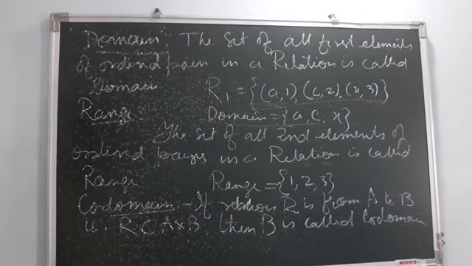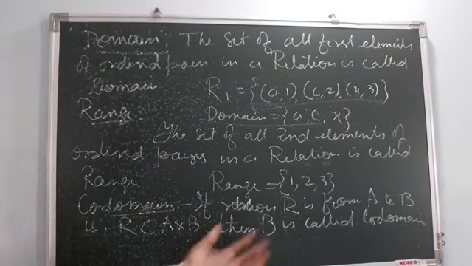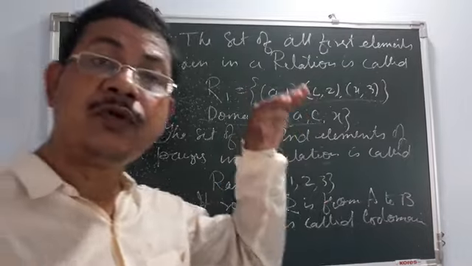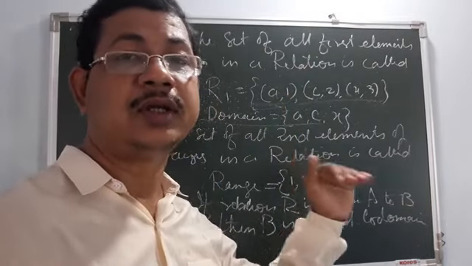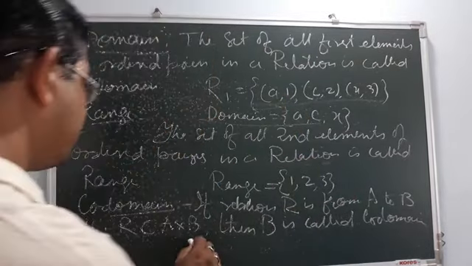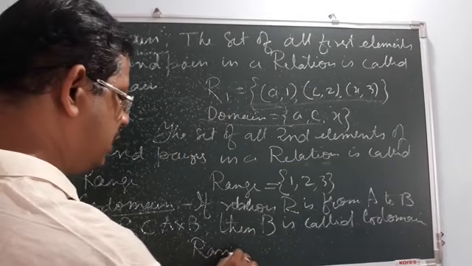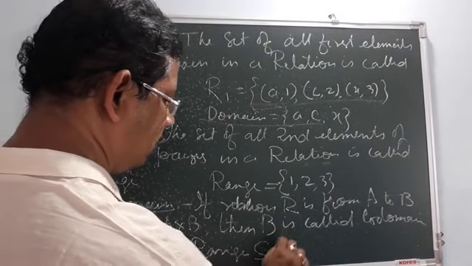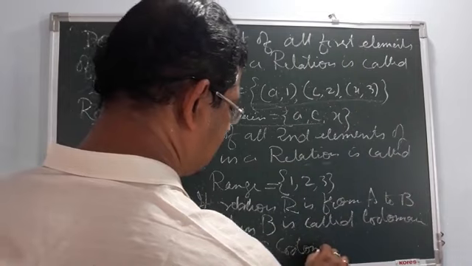So this range belongs inside the codomain. Of course, you will remember that the range should always be a subset of the codomain.